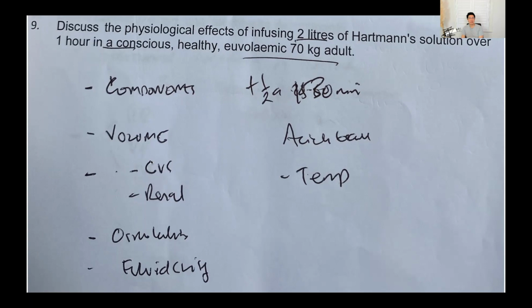Its volume effects, both in terms of cardiovascular and renal, its effects on osmolality, its fluid shifts, and then after that, its distribution half-life in terms of the vascular system. So it's around 30 minutes. Okay, and then its effects on acid base and temperature. So really good breadth of ideas here in this 1-minute structure, key objectives.